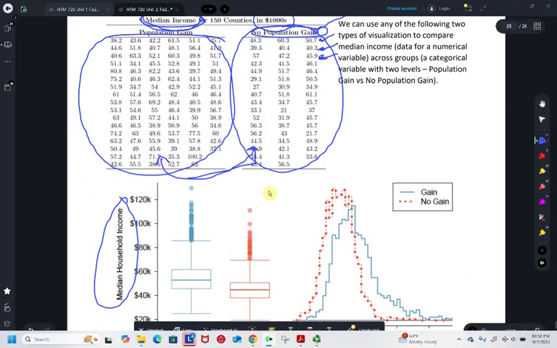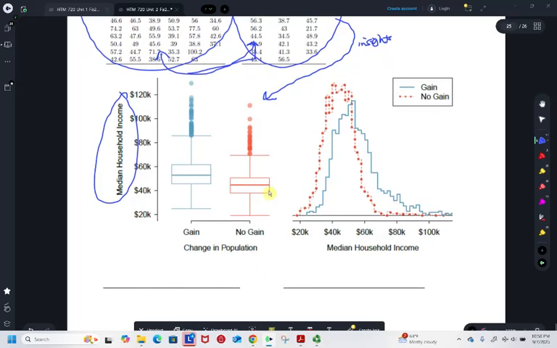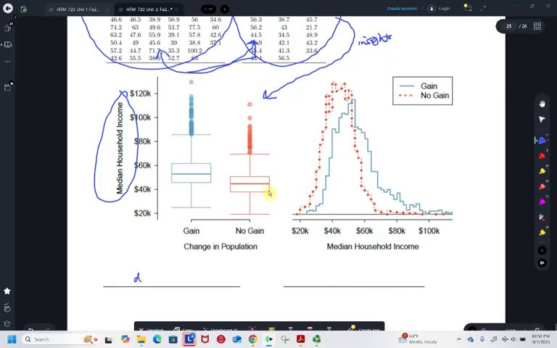Well, one way to quickly begin to visualize the insights in this data set is to construct a side-by-side box plot, which we can see in the plot above, or a set of hollow histograms which are overlapping one another.